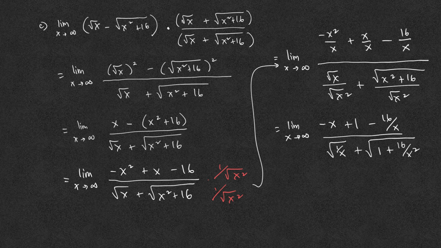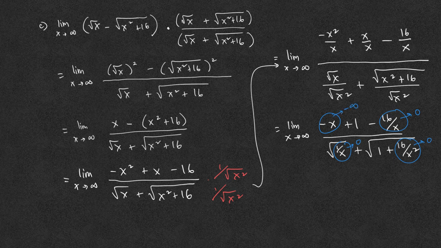Now, as x goes to infinity, 16 over x goes to 0. 16 over x squared goes to 0. 1 over x goes to 0. And negative x goes to negative infinity.